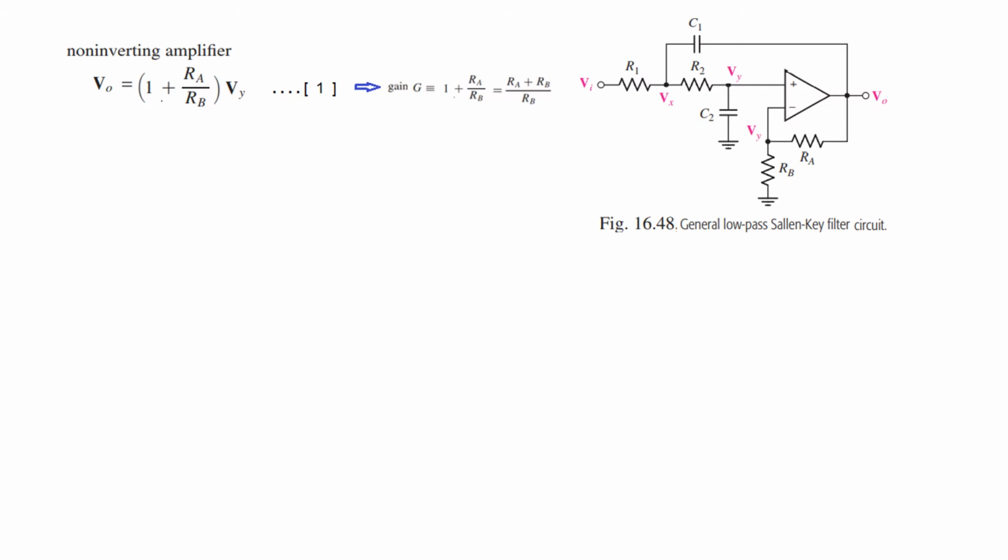Now from here we'll find Vy. So Vy can be written as V naught divided by this. And now if you look at this, this is just the inverse of G. And so for this we'll write 1 over G. So Vy will now become V naught over G. So this is one of the equations that we'll be using.